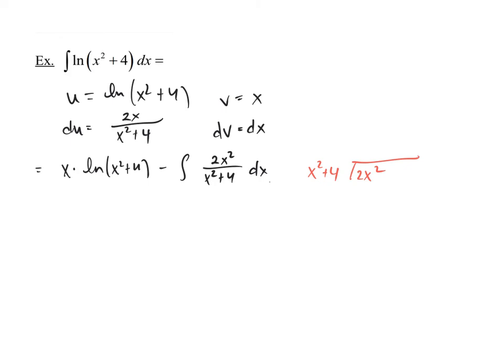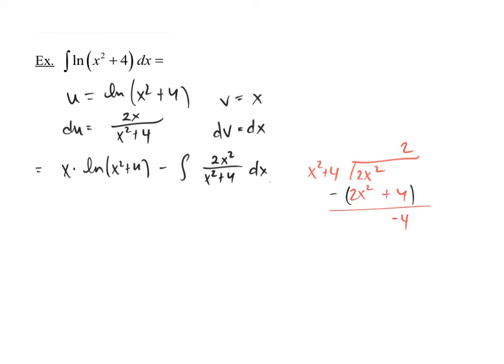I'm going to divide 2x squared by x squared, and so that's going to give me 2. And then multiply 2 times x squared plus 4, so that will be 2x squared plus 8. And then subtract, and I'll do that in a different color here, so minus. And when I do that, my remainder ends up negative 8.